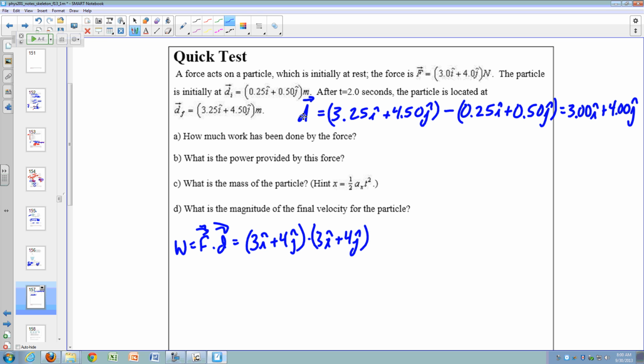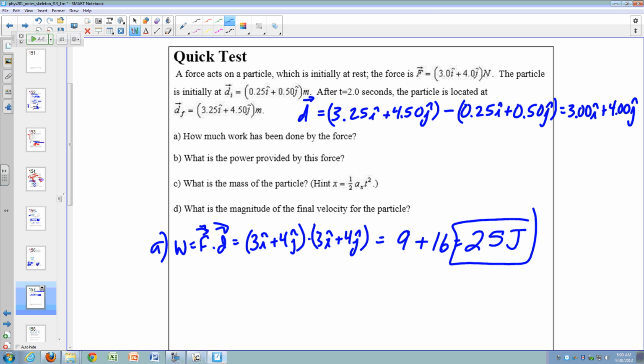So I just write my first and last terms. That's 3 times 3, i dot i, which is just equal to 9. And then 4 times 4, j dot j, which is equal to 16. So it's 25 joules. All right, so that's part A. It's just doing the dot product.